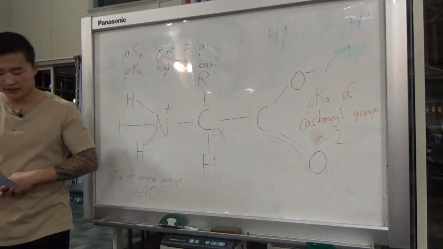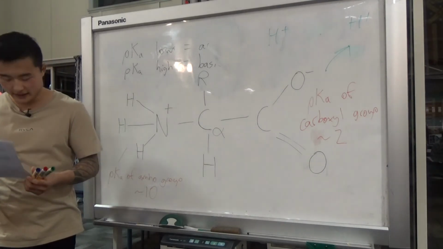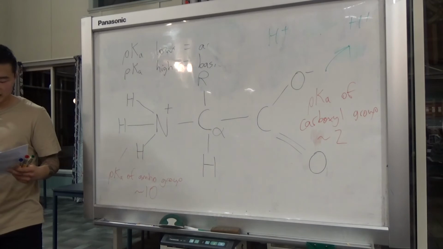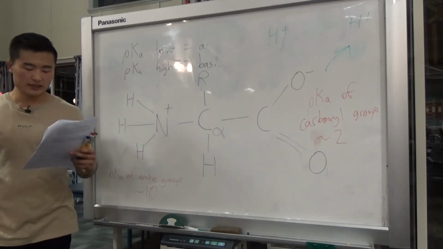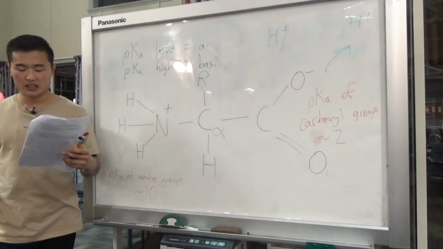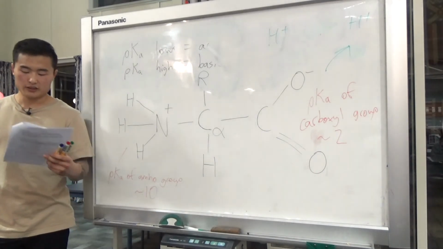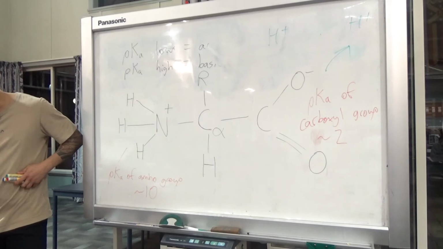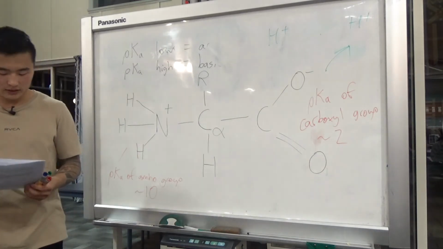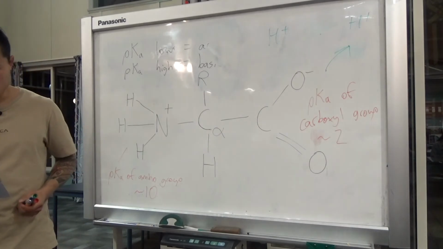And you can also use the Henderson-Hasselbalch equation to calculate the percentage of molecules that will be protonated versus deprotonated at a given pH. But that's not really too important. Okay? And I've put the equation there if you want to look at it more.